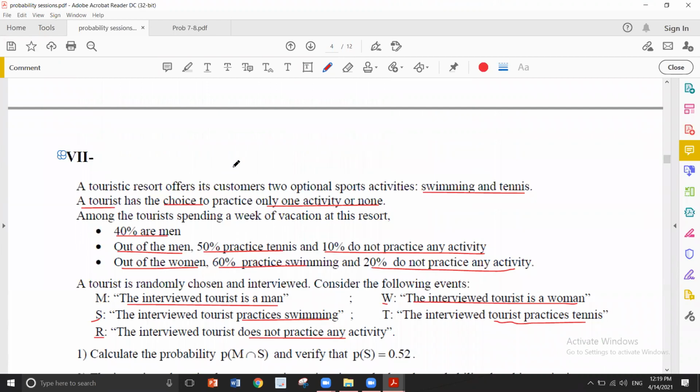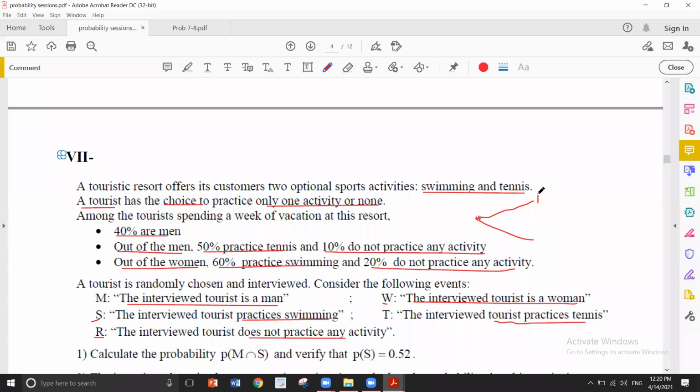Out of 100%, we have 60% and 40%, so 0.4 and 0.6, man and woman. Before we start solving, what do we have to do? We make a tree. What will we start with in this tree? Man and woman.